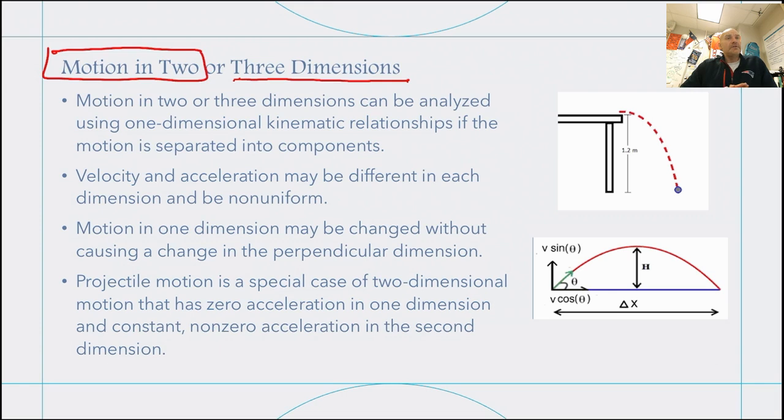Now, projectile motion is a special case of two-dimensional motion. Remember, it has zero acceleration in the horizontal dimension, and constant non-zero acceleration in the vertical dimension.